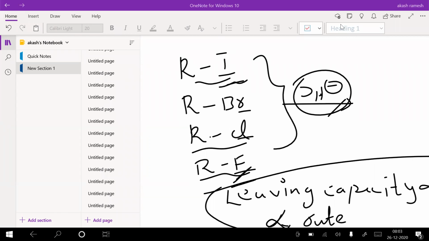Okay, Aditi says true. Others? Okay, so someone said false. You want to give me a reason, Kanna? Why is it like that? So it depends upon the reactant. So still it can go.